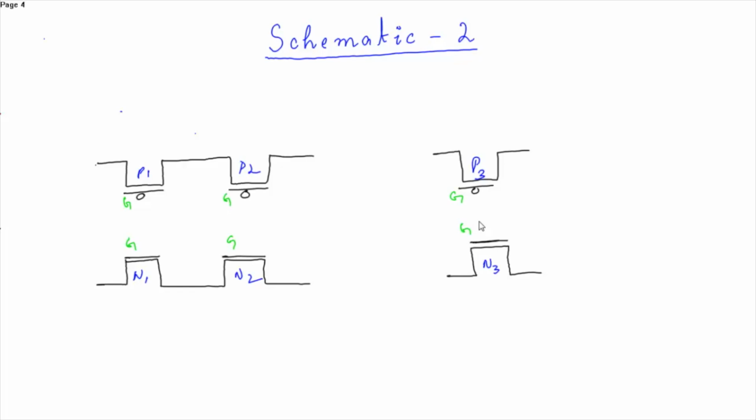Next, the PMOS were in parallel and the sources were connected to VDD. So this is source, this is source. The common drain was connected to the drain of first NMOS.